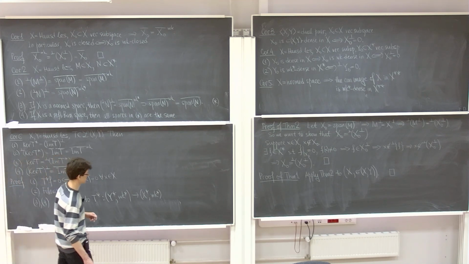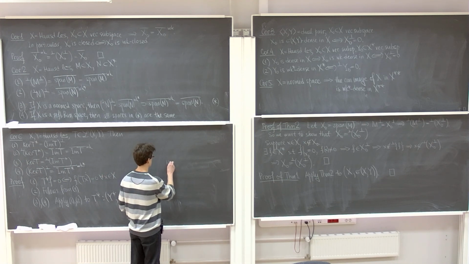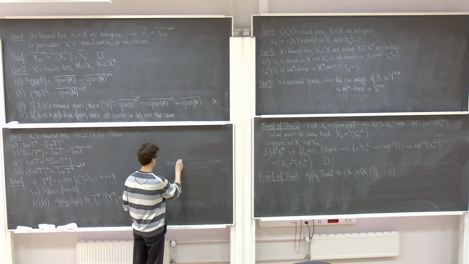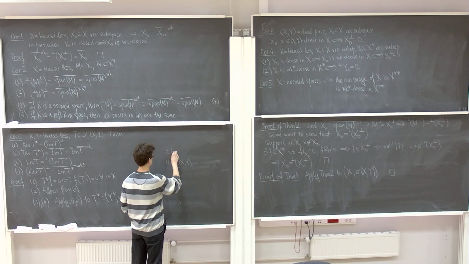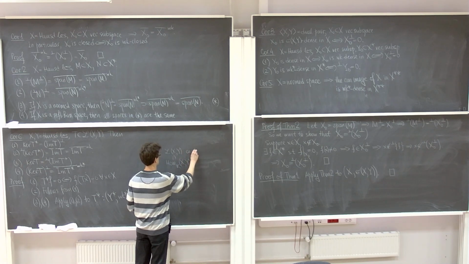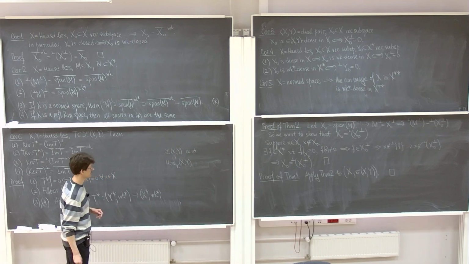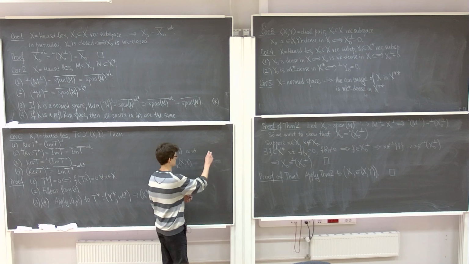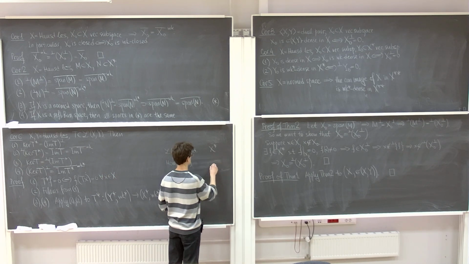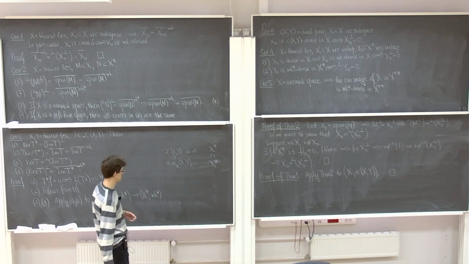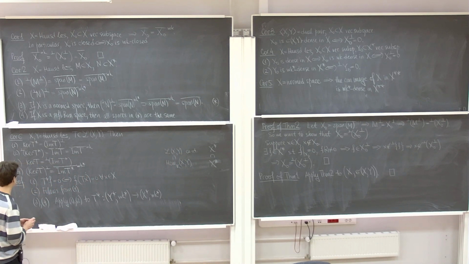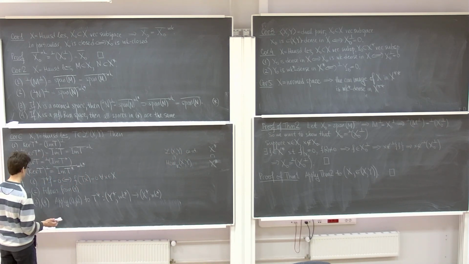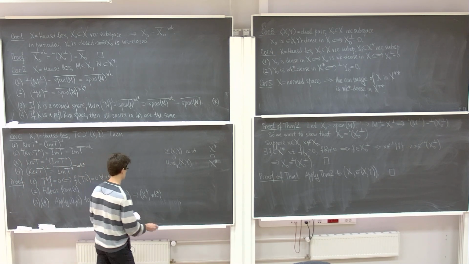Maybe some time ago I denoted by Hom the space of all linear operators from X to Y, and script L is the space of continuous linear operators. And if Y is the base field, then we get the topological dual here and the algebraic dual there. Okay, so this completes the proof of Corollary 6.